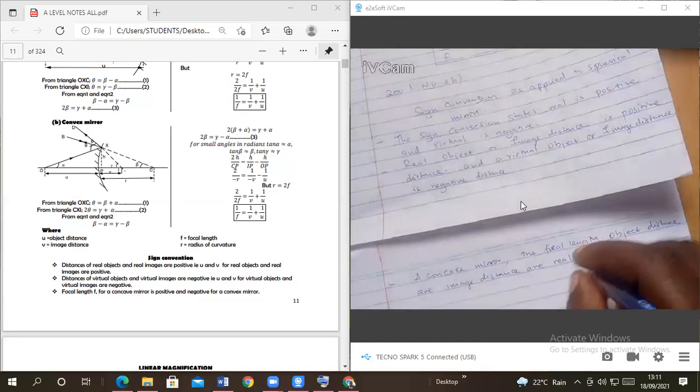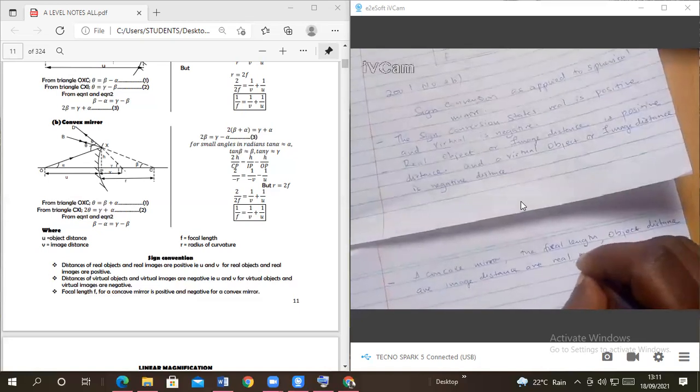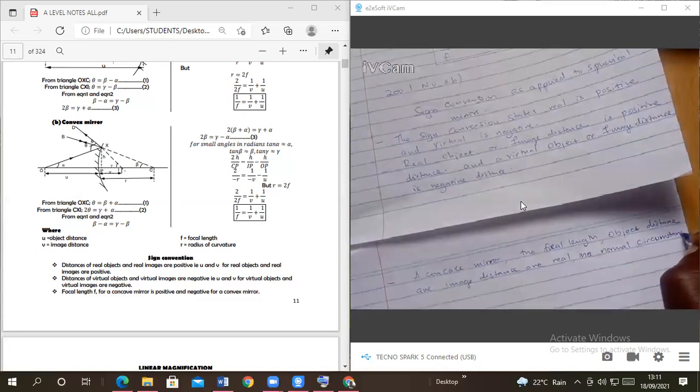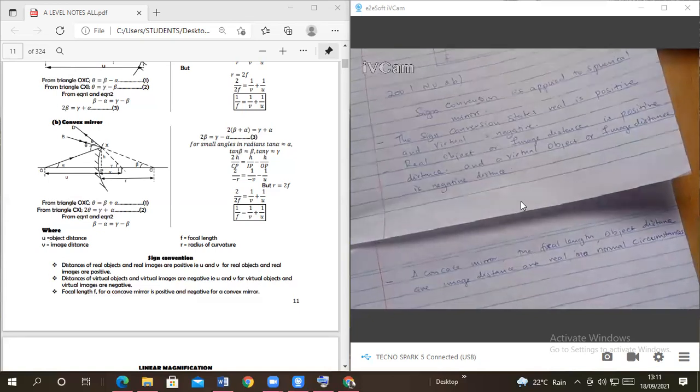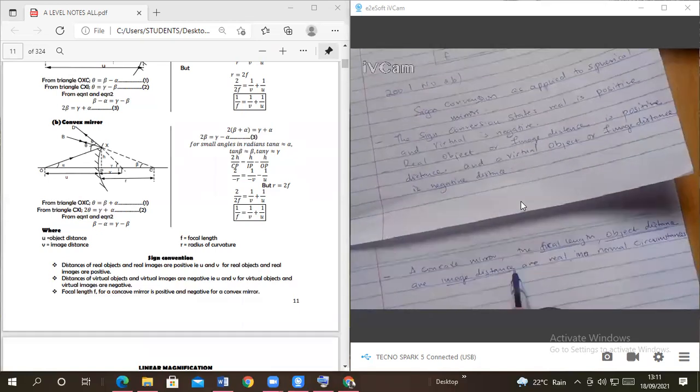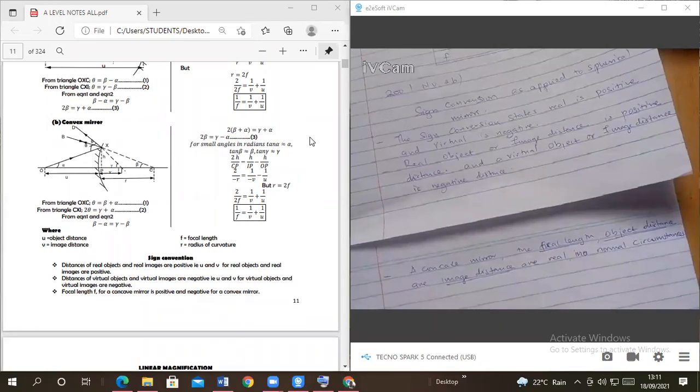We can say in normal circumstances. In normal circumstances, the focal length, the object distance, and the image distance are real. Then there are those other abnormal circumstances, for the concave mirror, where the image distance is virtual.